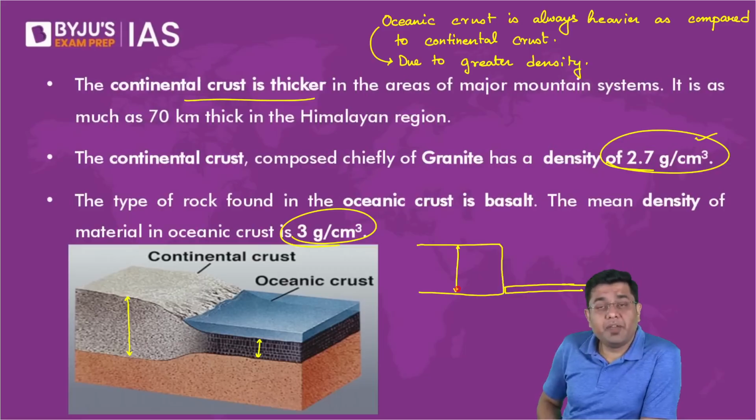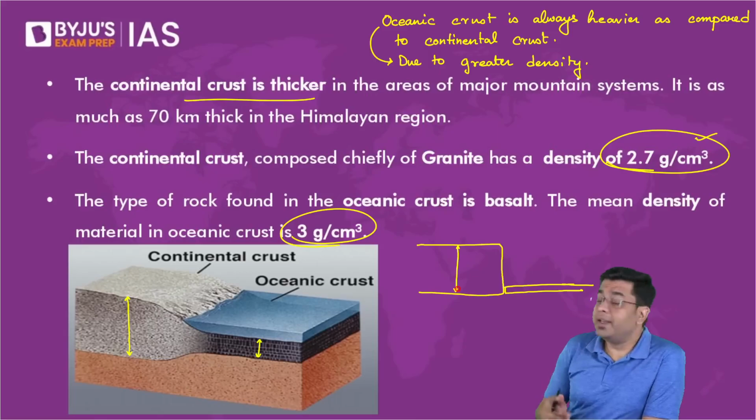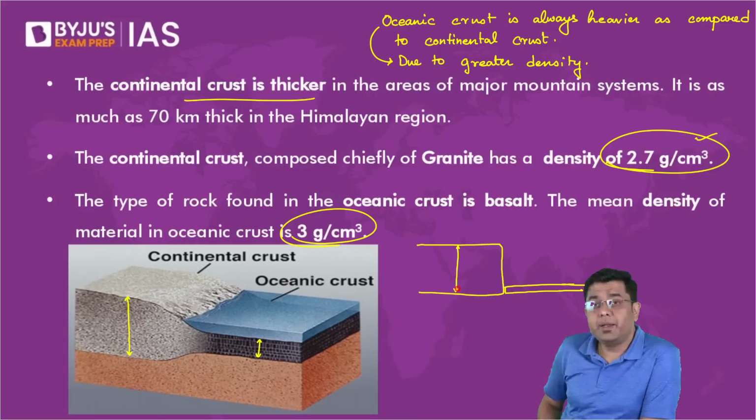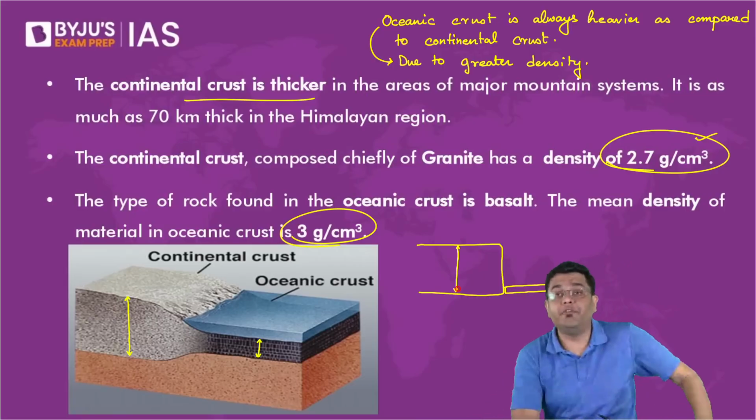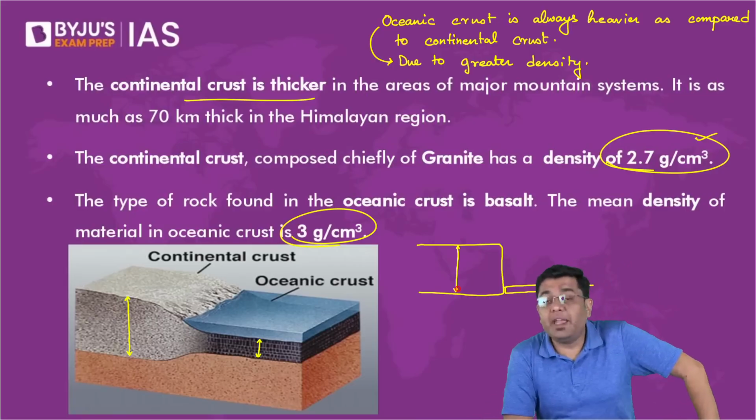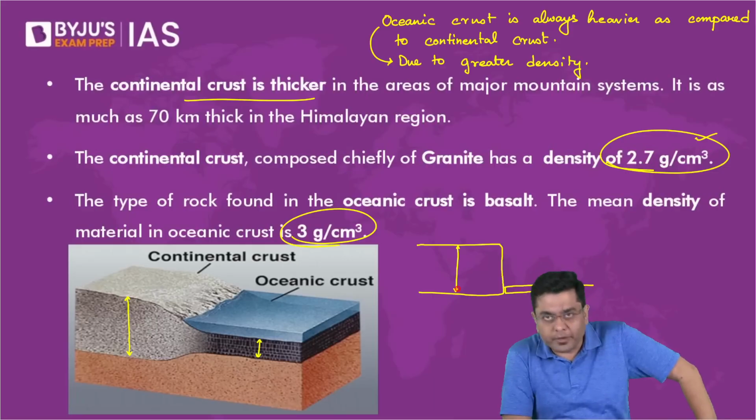Always iron will be heavier. Regardless of the thickness, thermocol will always be lighter. Why do you think that is the case? If thickness would be the factor to determine the weight, then thermocol would be the heaviest, but it is not so, it is light. Why? Because the density is very less, isn't it? So that is the same analogy which plays out in the case of oceanic and continental crust as well.